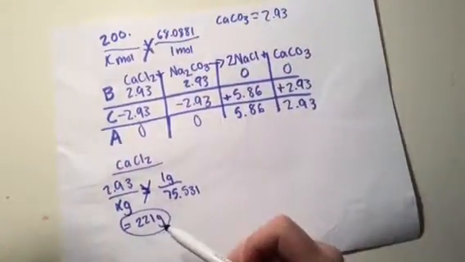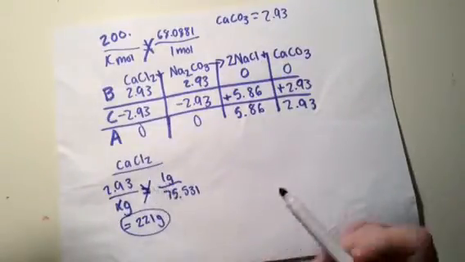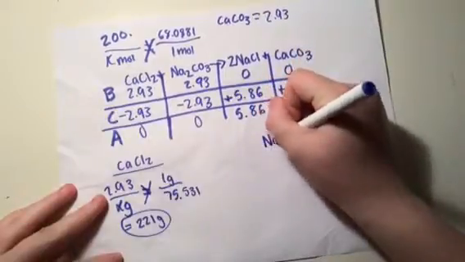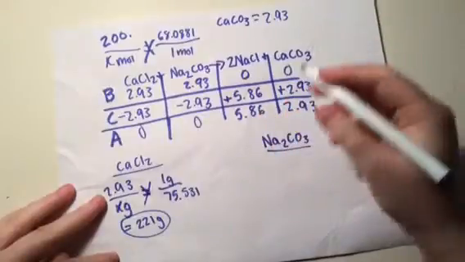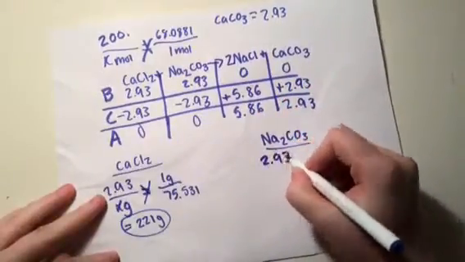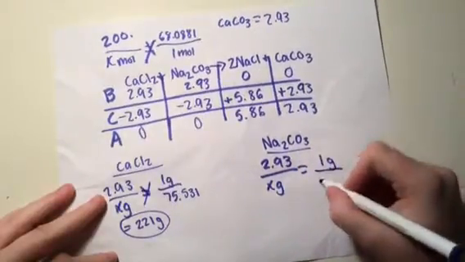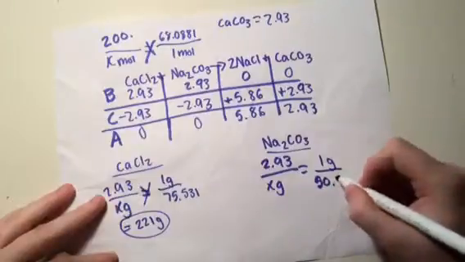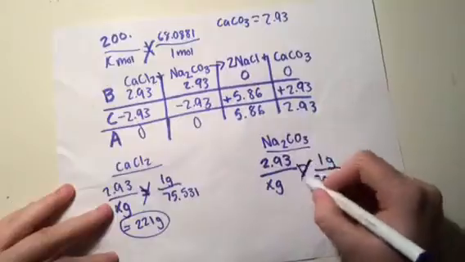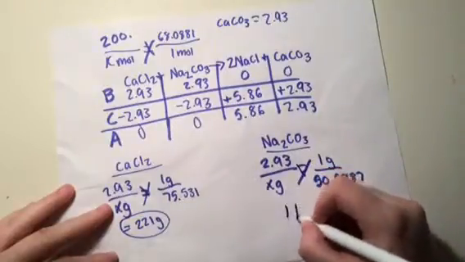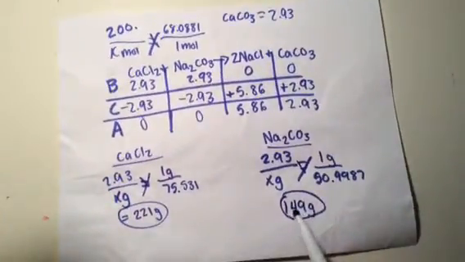So we need 221 grams of CaCl2. So now we need to find out what we need for Na2CO3. So you do the same thing, you do 2.93 over x grams equals 1 gram over 50.997. You do the cross multiplication to get 149 grams. So that's how much we need for each.